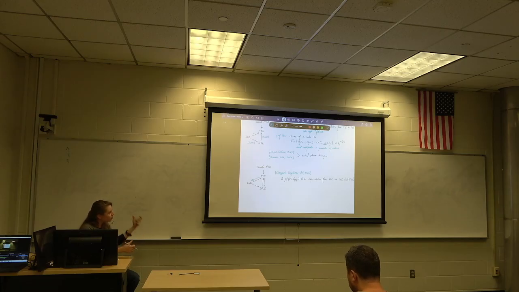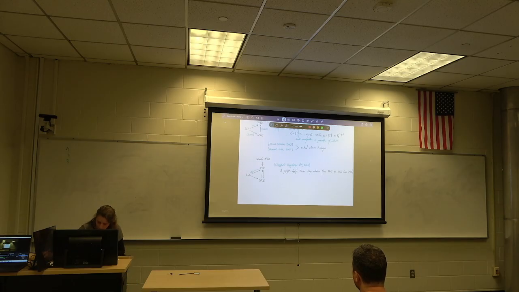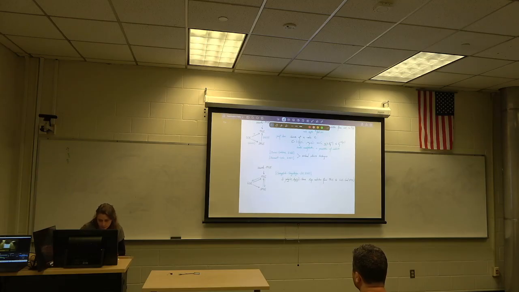But to reduce a problem to the other using a Karp reduction, I have to transform it so that not only do I have a yes instance mapping to a yes instance, but I have the no mapping to no. That last one is hard. Proving that last direction is not always possible. So that's the tricky part for this. So I'll show you a little bit of how we managed to do this.